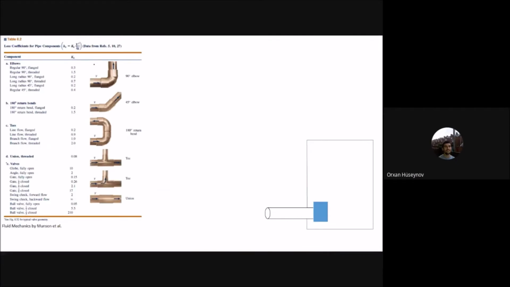Now to find the loss coefficients for these pipe components, we have said these are minor losses, and the minor loss is equal to KL multiplied by V squared by 2g. KL is the minor loss coefficient, and there are different values. For that elbow, it also matters whether it is flanged or threaded.